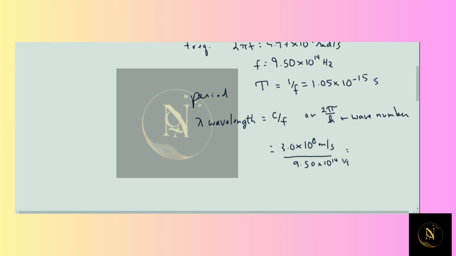I will convert it into nanometers so that we can have an easier time interpreting it. What I see is that this is a wavelength that is close to the visible spectrum, but a little bit too short.